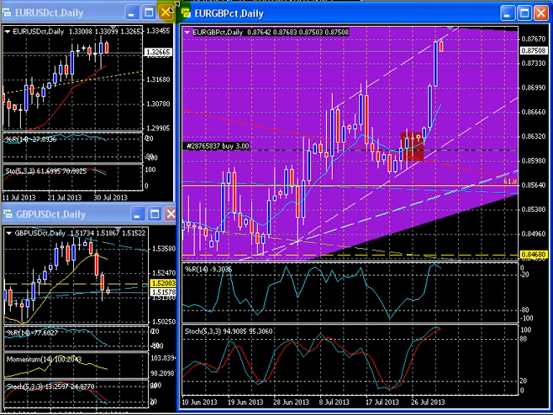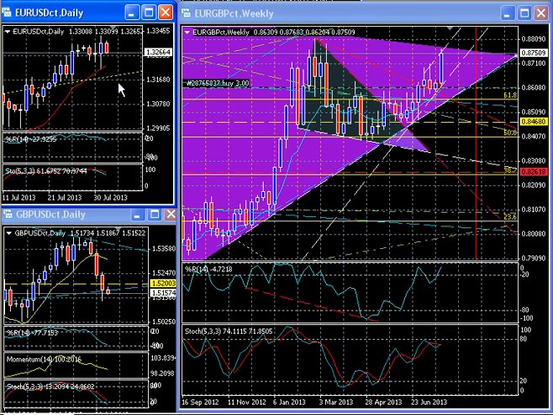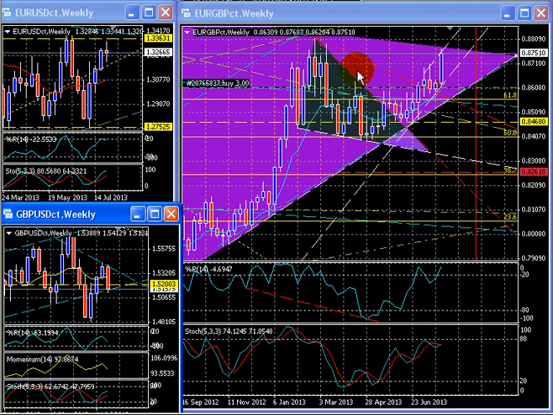While looking at the weekly chart here, let's convert the two others, the pound and the euro, on a weekly basis. This looks quite familiar to you from our previous video, where we identified a flag formation on a triangle where it had broken, and we made a follow through on our recommendations.